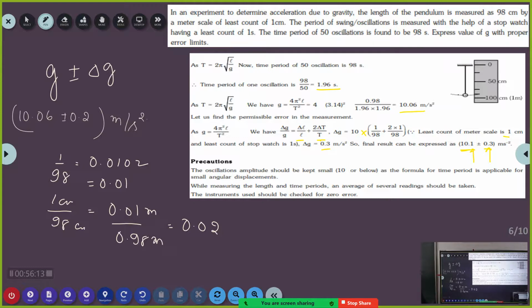So that delta T by T, sir, over there, shouldn't we consider the T time period of oscillation? Well, since time period we have done, no? No, sir, we have taken 98, so we should take 98 by 50.